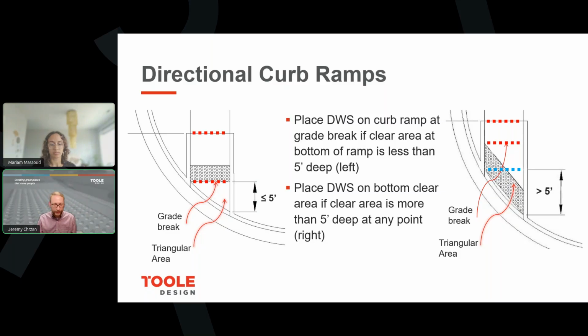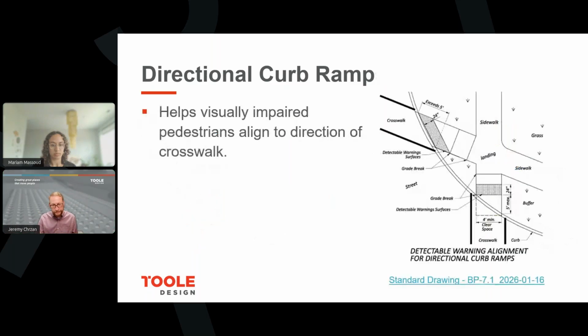You'll have a grade break at the edge of those detectable warning surfaces, and then your triangular area will sort of flatten out to allow that transition to occur. ODOT's details reflect what I was talking about with the location of that grade break. You can see in the upper part of the detail, it's showing the grade break being located at the back of those detectable warning surfaces.